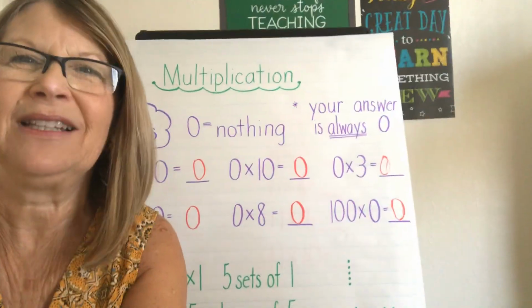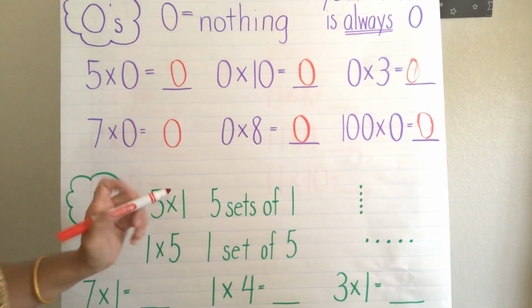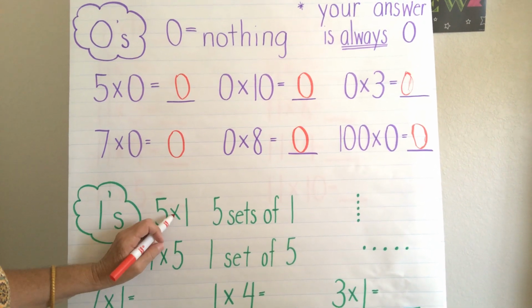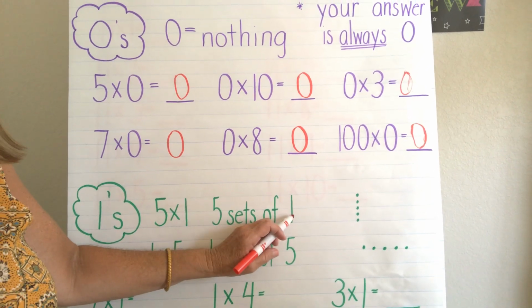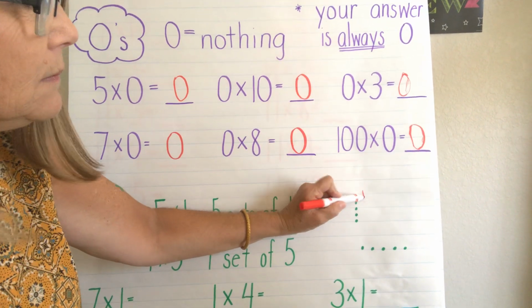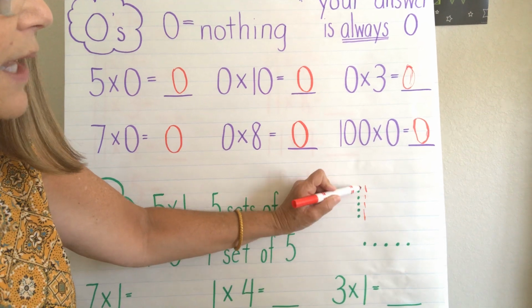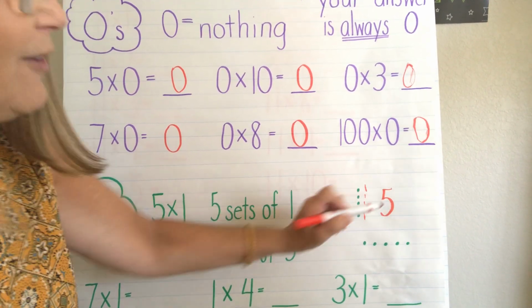Let's now look at multiplying by 1. If I've got 5 times 1, it's 5 sets of 1. Here's 5 sets: 1, 1, 1, 1, 1, and 1 plus 1 plus 1 plus 1 plus 1 is 5.